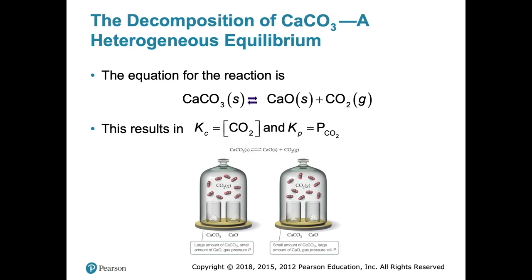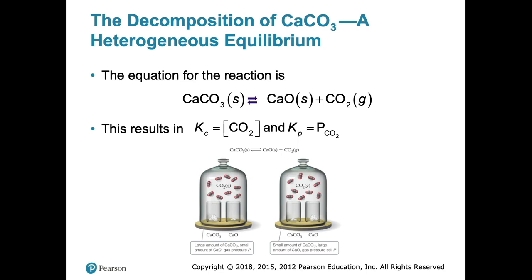So think about it like that. I asked you the question, what would happen if you lifted it up and all the CO2 left? What would happen to the concentration of CO2 and what would happen to the amount of solid calcium carbonate? Well, it would start shrinking the calcium carbonate to make more CO2 to reestablish the equilibrium of the CO2 inside that closed container.